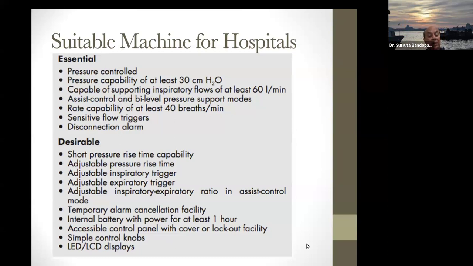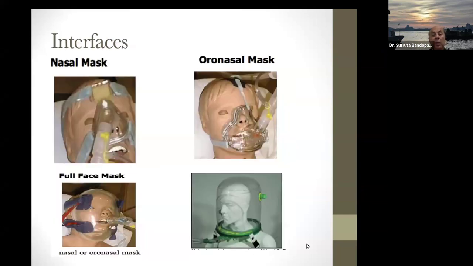These are essential. Desirable are adjustable pressurization time, adjustable inspiratory trigger, adjustable expiratory trigger, adjustable inspiratory-expiratory ratio in assist control mode, temporary alarm cancellation facilities, internal battery with power for at least 1 hour, accessible control panel with cover or lockout facility, simple control knobs, LED and LCD displays.